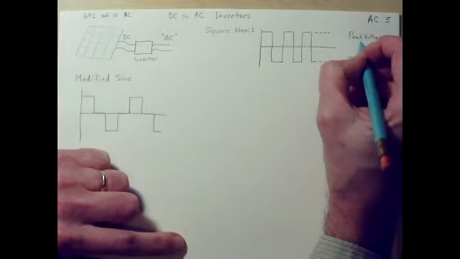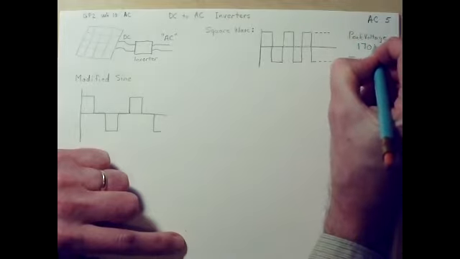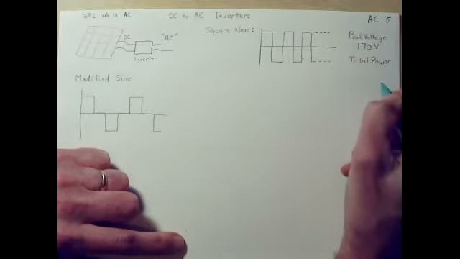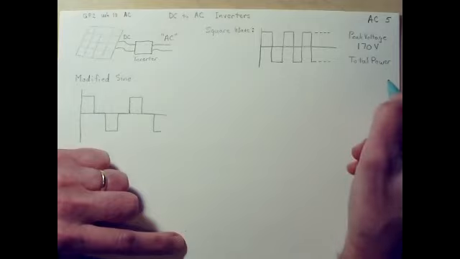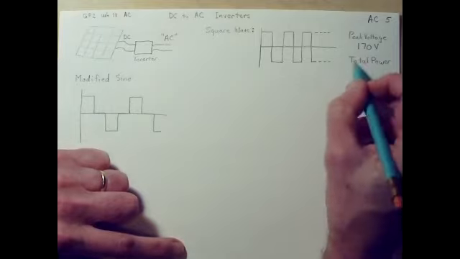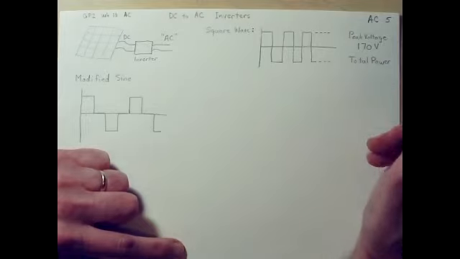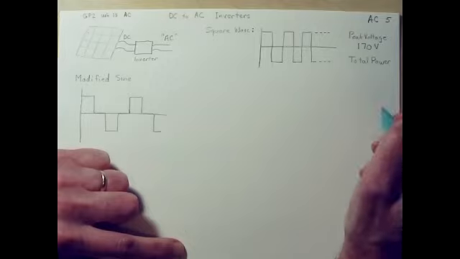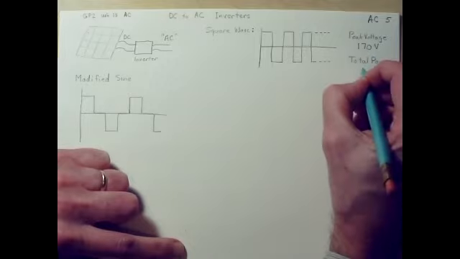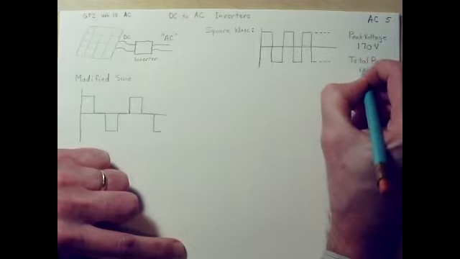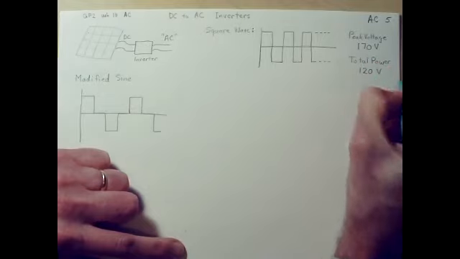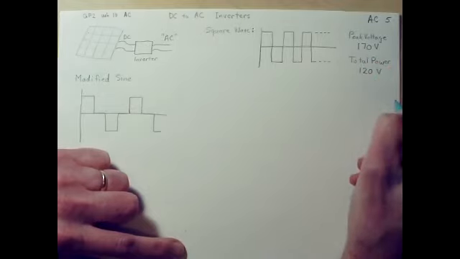We've already figured that out. It's actually 170 volts. The total power, devices that use sort of the effective total power, those really depend in a certain sense more on the RMS value. What's the RMS that's coming from the power source? And the RMS voltage, of course, is supposed to be 120 volts.